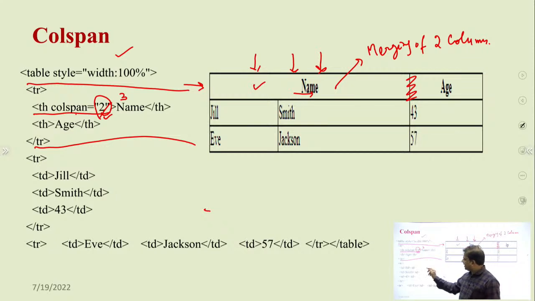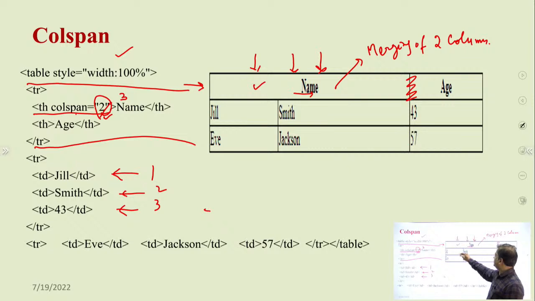Next, again the same, now insert the table data, no problem. This is column 1, this is column 2, row 2, column 3, that is Zill, Smith, and age is 43. So there is no problem. I think now it is okay.